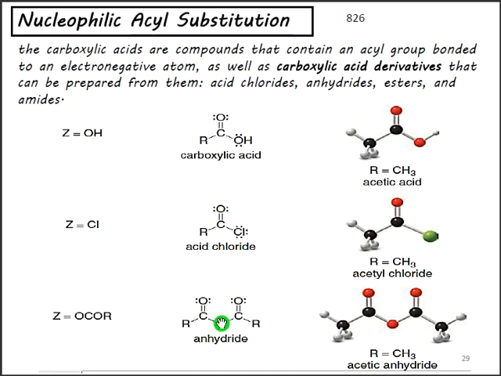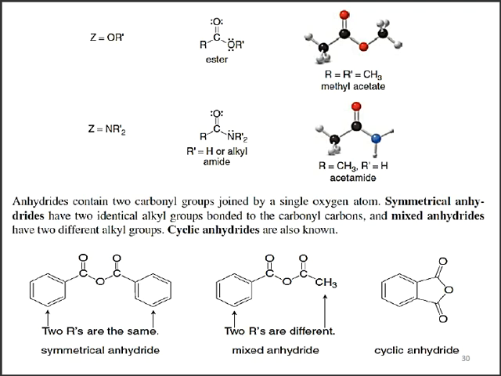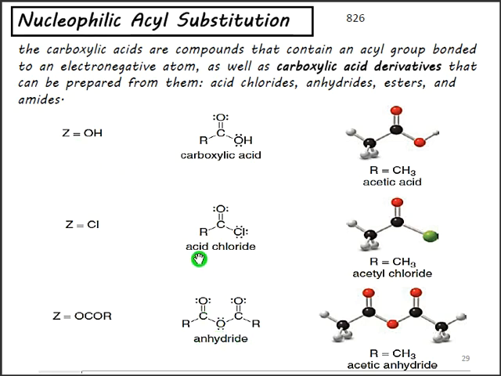The acid chloride and anhydride are carboxylic acid derivatives. And if you replace the Z group with OR, it will be an ester compound. And if you replace the Z group with NR2, of course the R here may be hydrogen or alkyl, it will be amide. That means we have amide, ester, anhydride, and acid chloride. All of them are carboxylic acid derivatives.